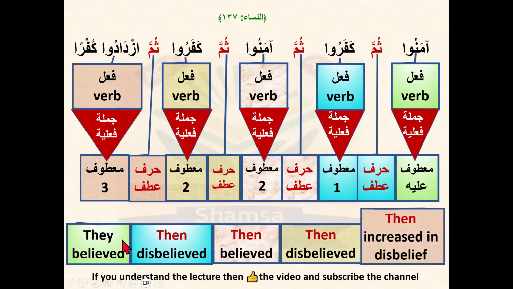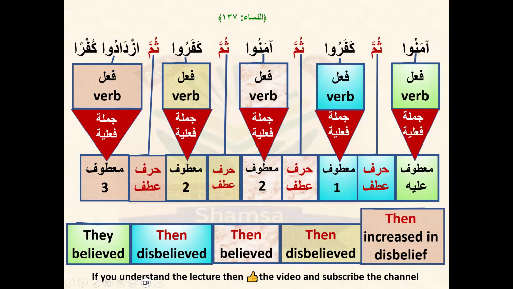So it means they believe, and not right after, not immediately, do they disbelieve; after a delay, after a long time, they disbelieve. That's why they use the harful atf summa here, not fa, because they disbelieve not right after believing, but after a long time.